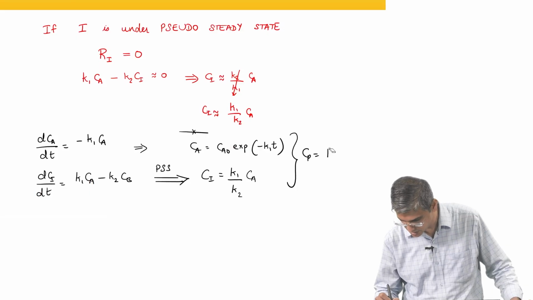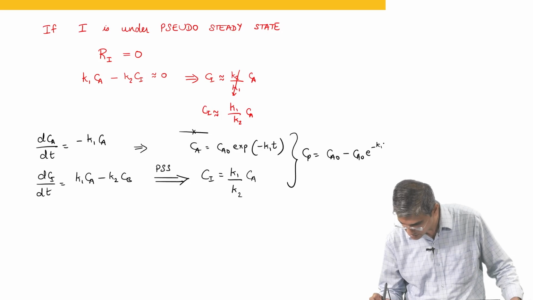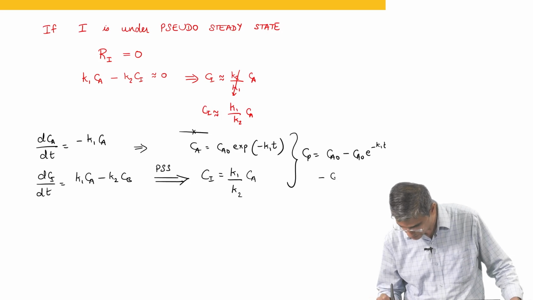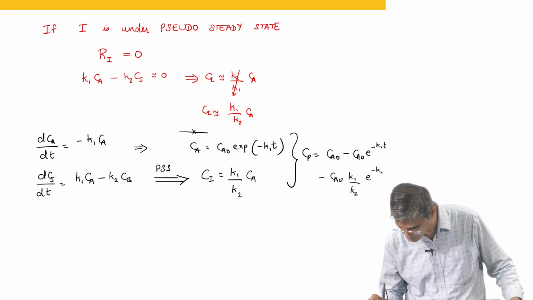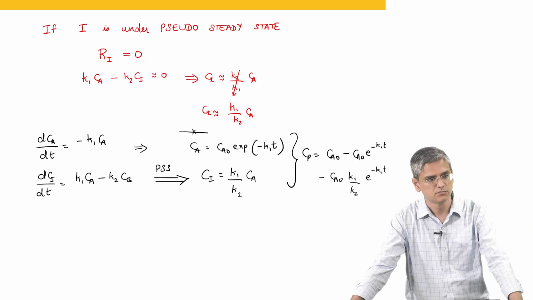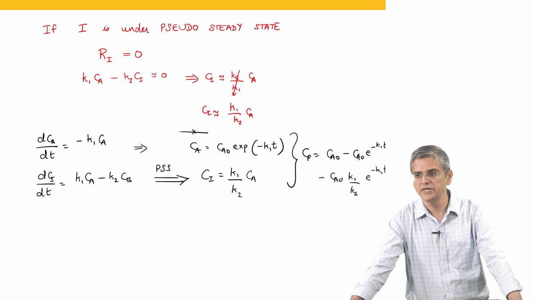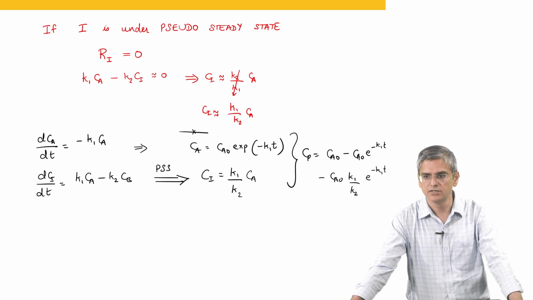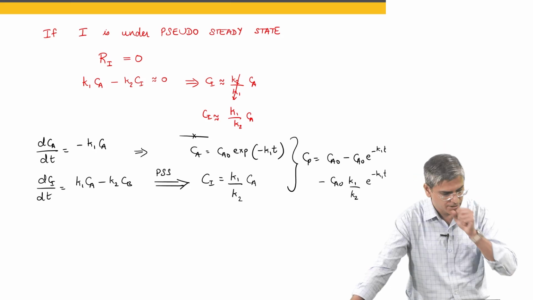CP is just CA naught minus CA naught e to the power minus K1t minus CA naught K1 by K2 e to the power minus K1t, and you are done. Your CP gets calculated much more easily compared to the previous case.